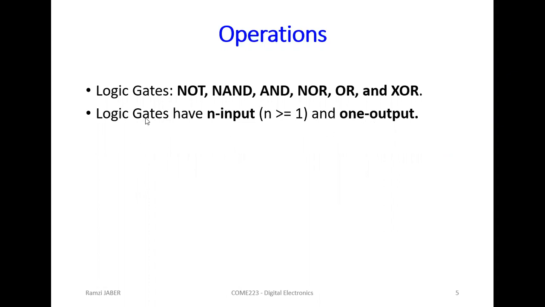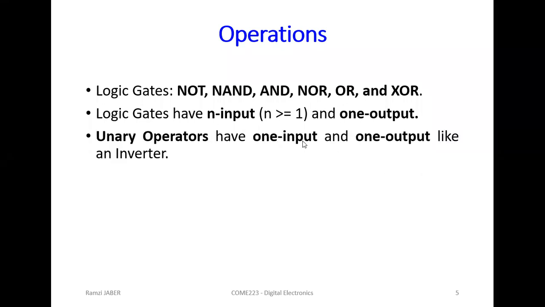We have a special word, unary operators or unary function, for a circuit with one input and one output. If a gate has one input and one output, it is called a unary operator or unary function, like an inverter.